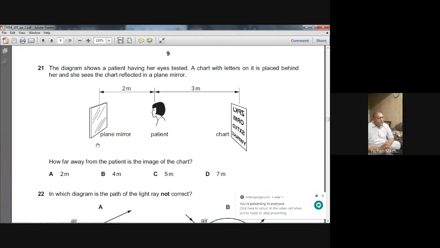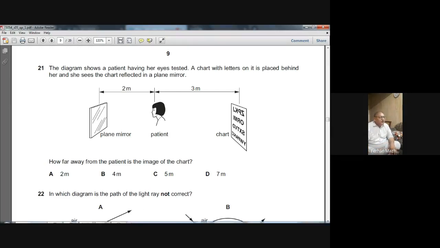You can see question number 1, and it says that the diagram shows a patient having her eye tested. A chart with letters on it is placed behind her, and she sees the chart reflected in a plane mirror. How far away from the patient is the image of the chart?